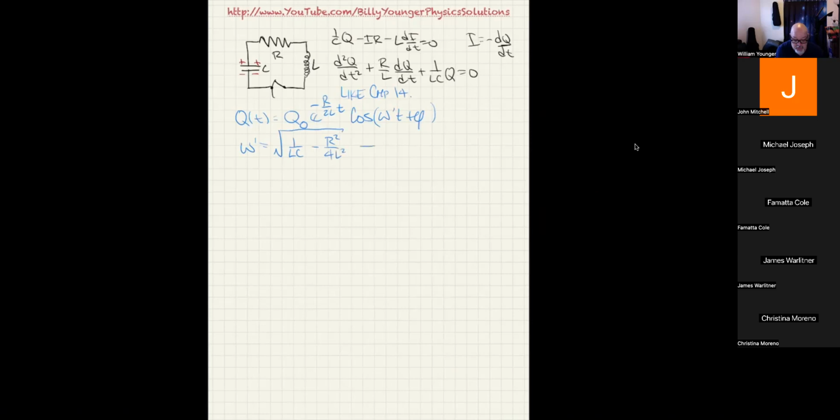And this presents a few different cases. For instance, it presents the case of R squared being less than 4L over C, and that's called underdamped. There's a case where R squared is equal to 4L over C, and that's called critically damped.